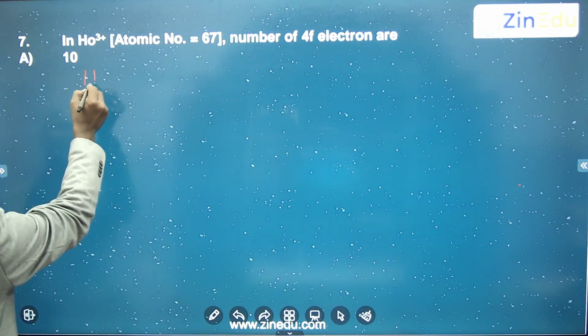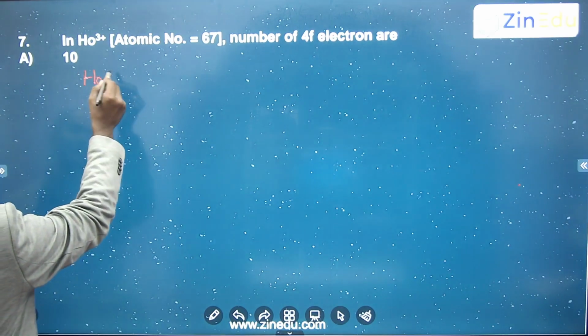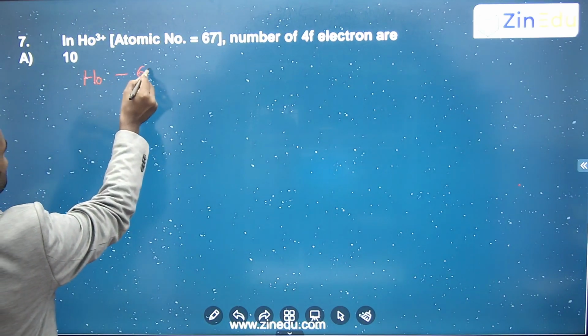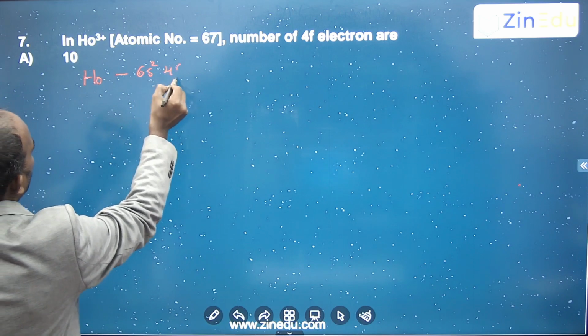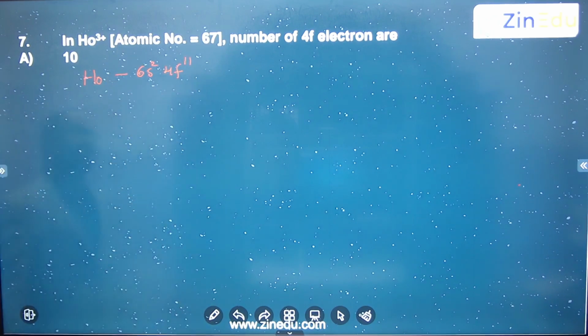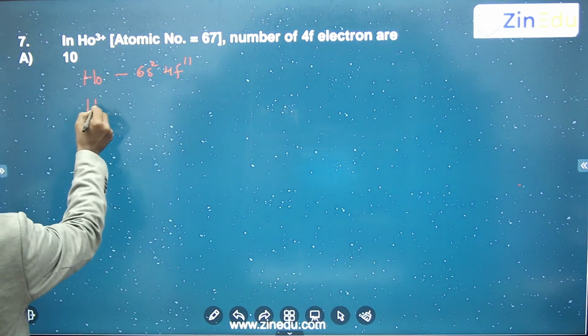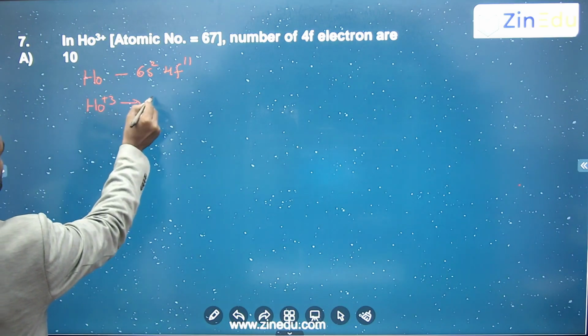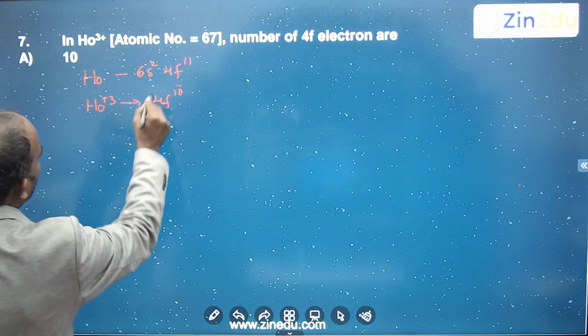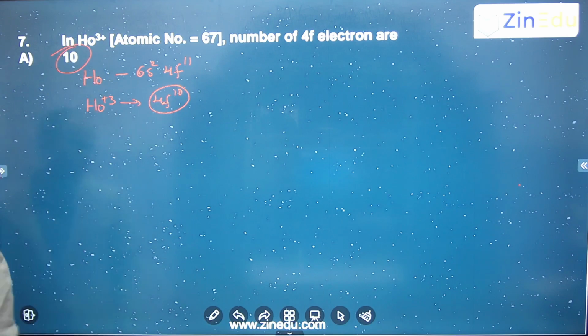So actually this is holmium, with 6s2 4f11 electronic configuration. Now holmium 3 plus is going to be 4f10, so 10 unpaired electrons. You can start from 58 to 71. We know 71 is going to be 6s2 4f14.